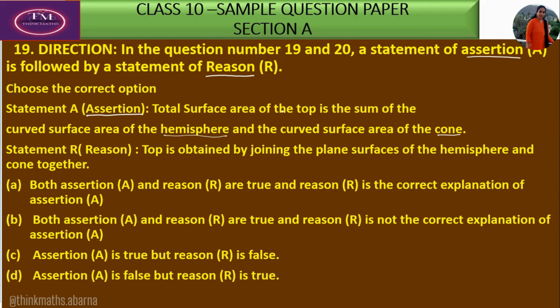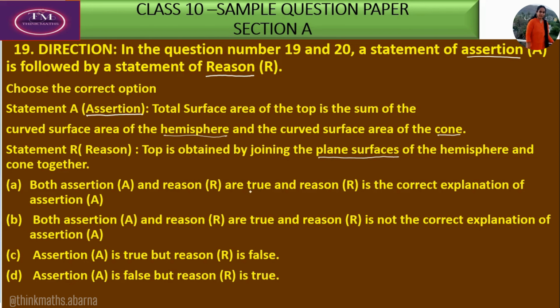How is the top formed? The top is formed by joining the hemisphere and the cone. What is the reason they are giving? The top is obtained by joining the plane surfaces of the hemisphere and cone together. Let us check whether it is true or not. What are the options given here?